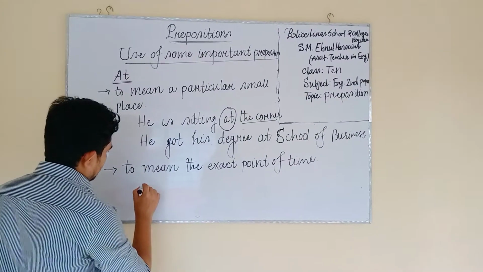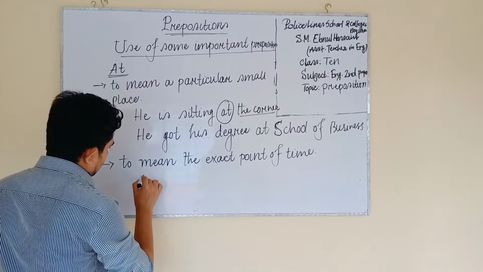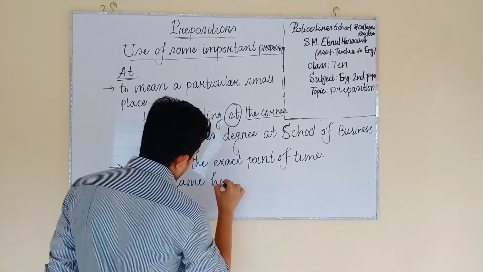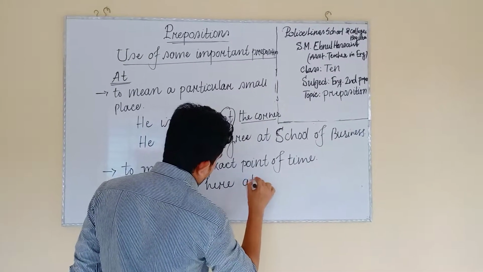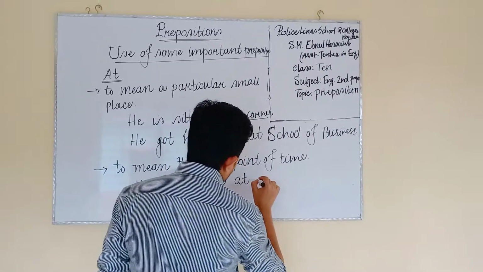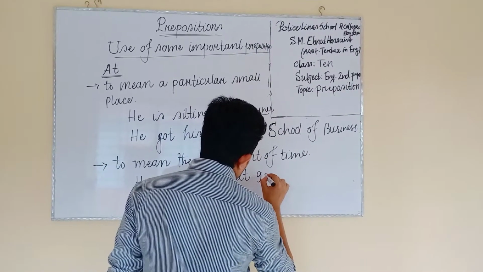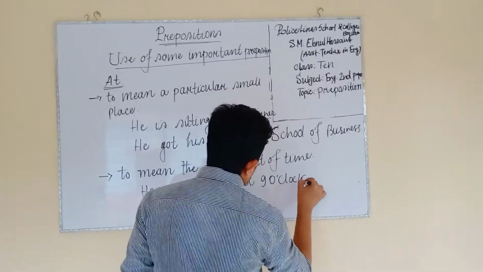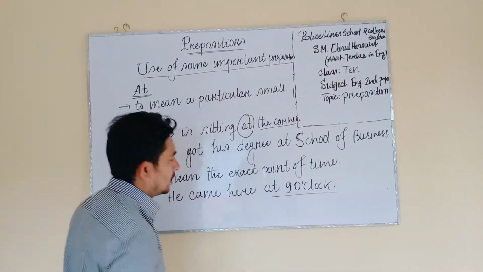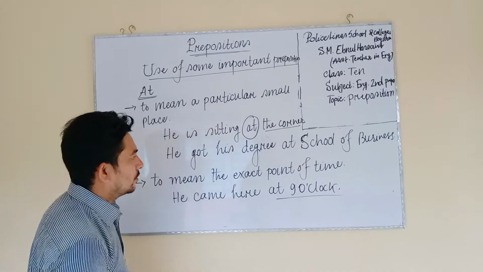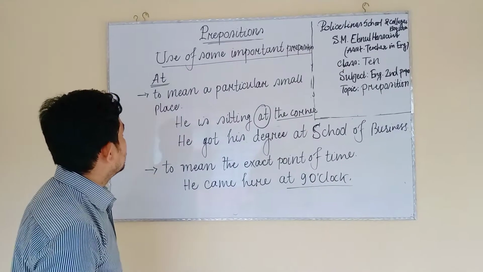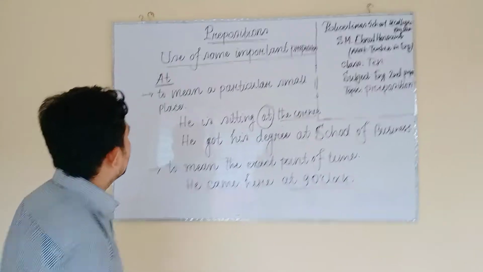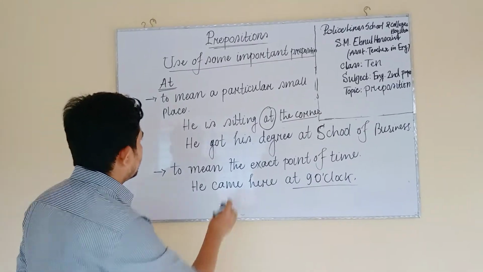That means he came here at 9 o'clock. This is the exact time, 9 o'clock. So these are the major uses of the preposition at. Now I am going to switch to another preposition.